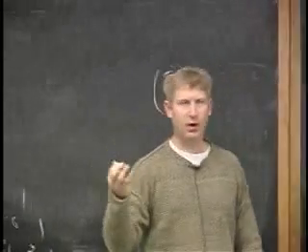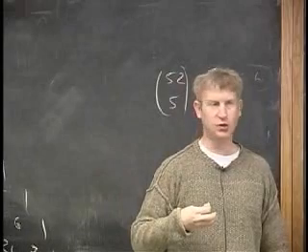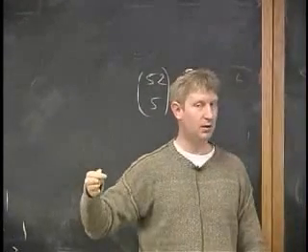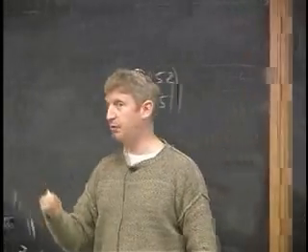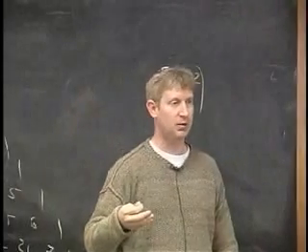Once she chooses the 4, how many different ways can she hand them to me in order? 4 factorial: 4 times 3 times 2 times 1. But she gets to make a choice before she shows them to me in order. She gets to choose which 4 she's going to show me.